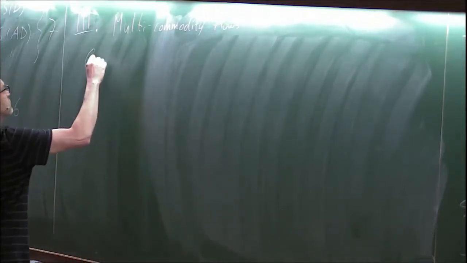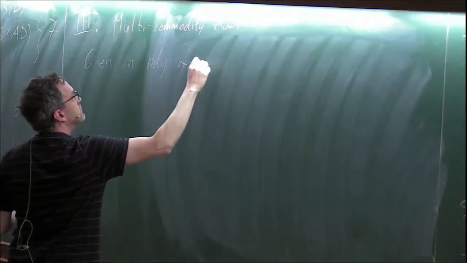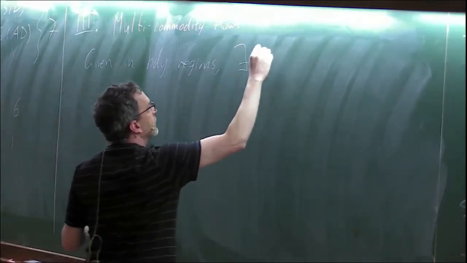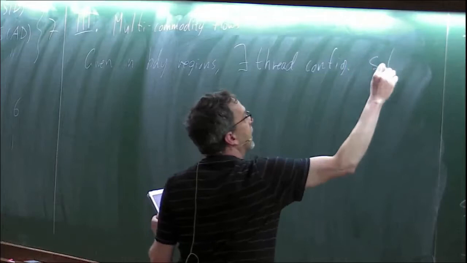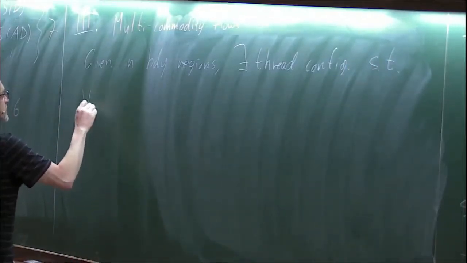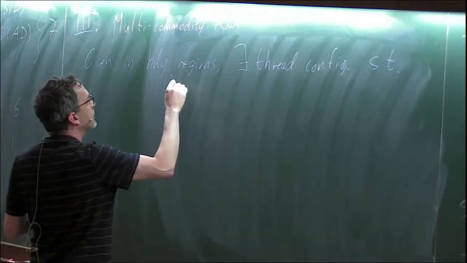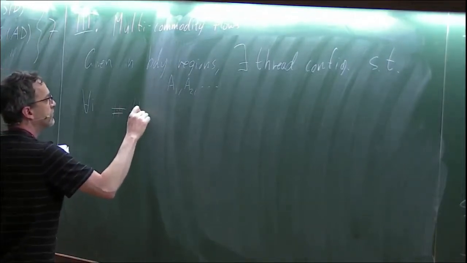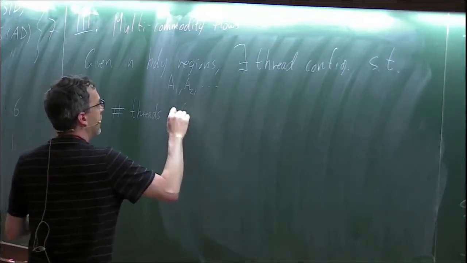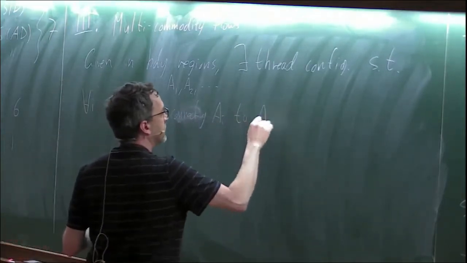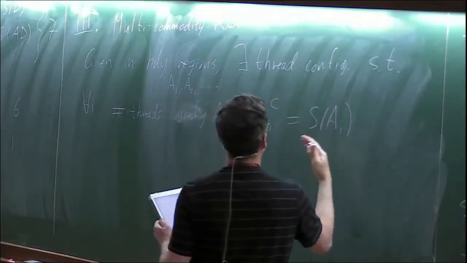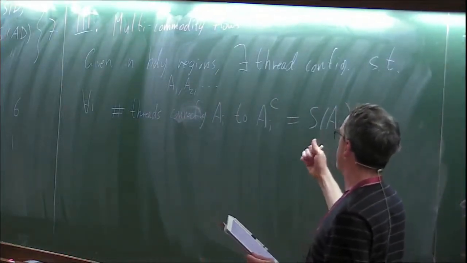So what is this statement I keep talking about? Given n boundary regions, A1, A2, etc., there exists a thread configuration, or I could have said a flow, with the following miraculous property: for each individual region, it maximizes the number of threads from Ai connecting to the complement, which is the maximum you could possibly put, which by definition is S of Ai.